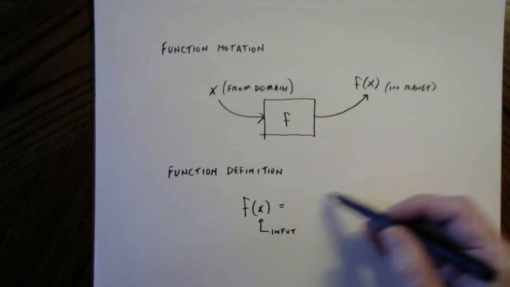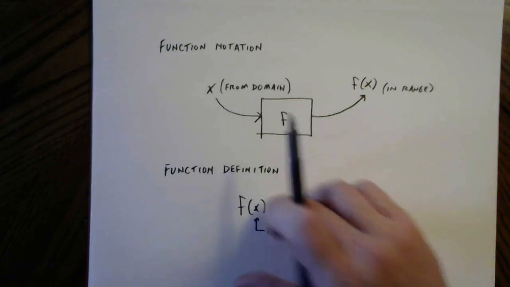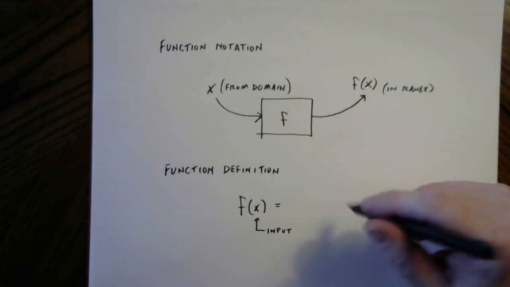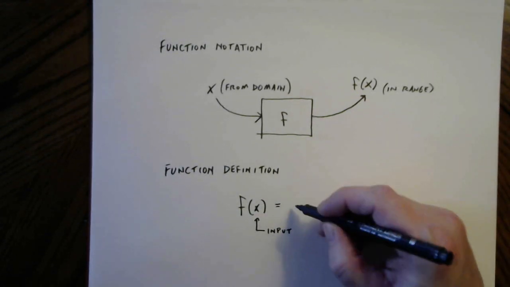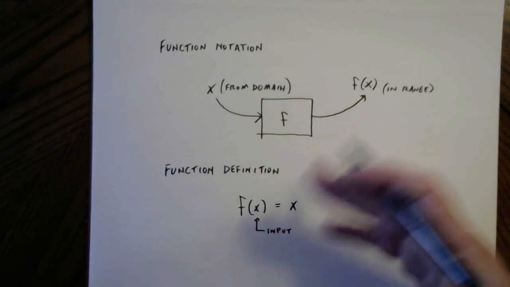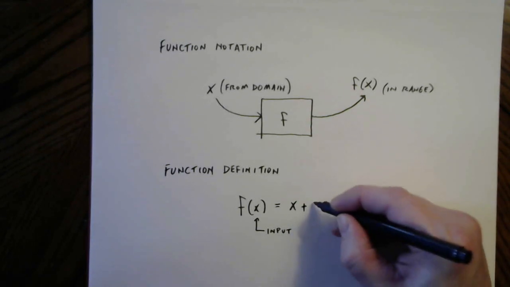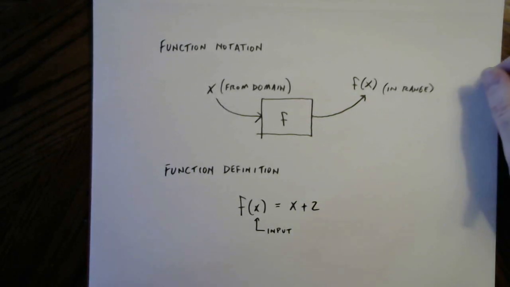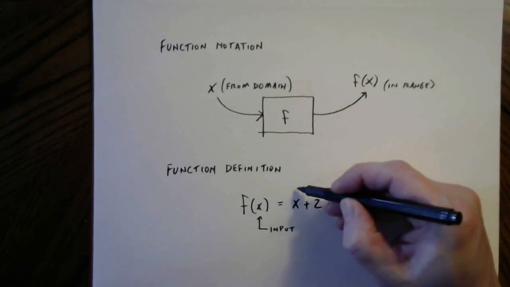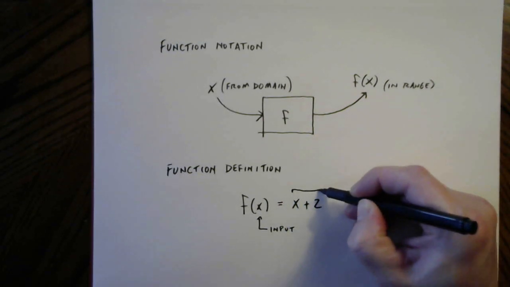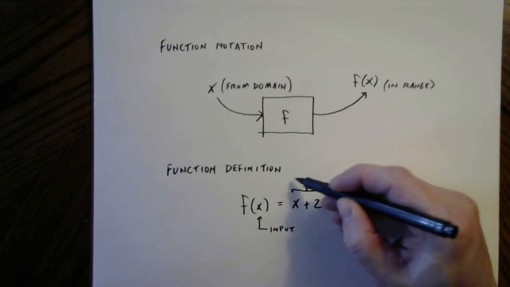So what's on the right will define this function f. And maybe let's keep this simple. Let's just say whatever x is, and we're going to get away from the car thing now, I'm going to take my input and I'm going to add 2. So this is my output.